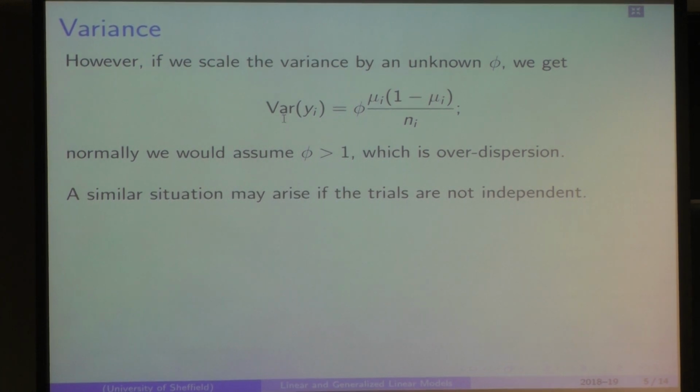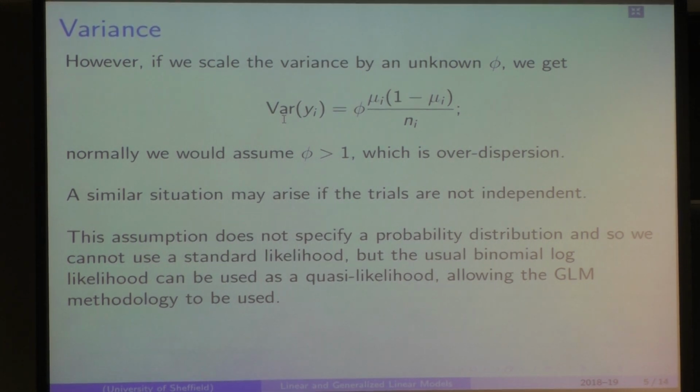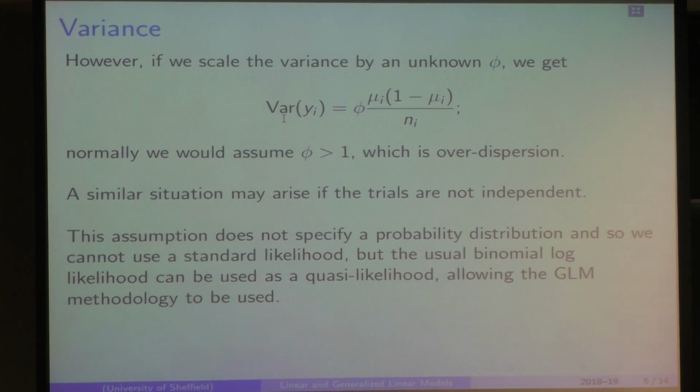Okay, so as I've said, the assumption that we're making here is really just an assumption about the means and the variances. And it's saying that the variance depends on the mean in this way with some unknown phi. So we're not specifying a probability distribution anymore. Okay? So we can't use a standard likelihood.